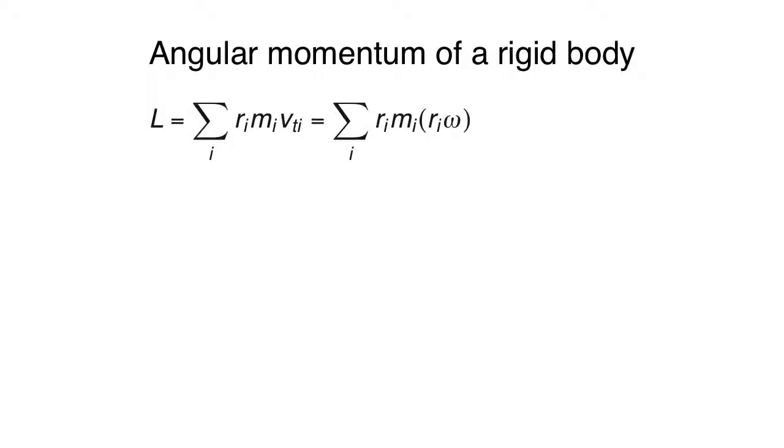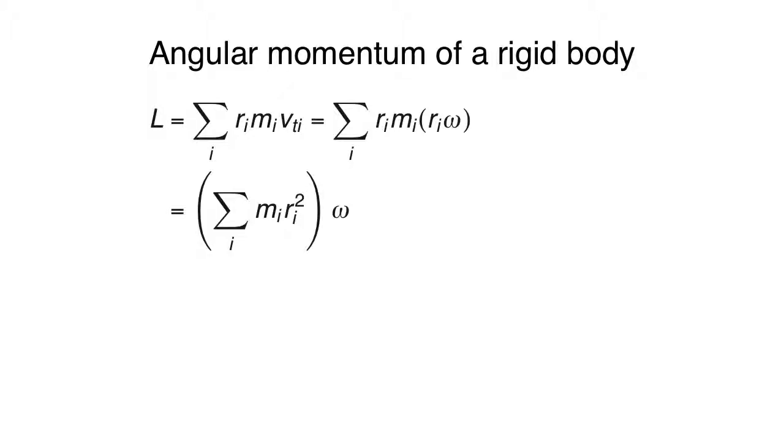Test question from test 2. If I have a whole bunch of masses spinning around in a circle that are all connected, do they have different angular speeds or the same angular speeds? The same angular speed, right? So every object in this circle has the same angular speed. And so I can rewrite this as this quantity, the mass times the radius squared. What's this called?